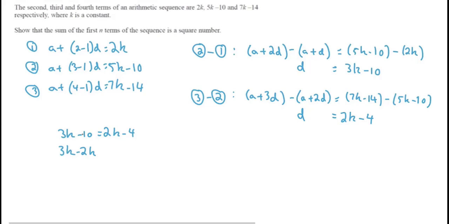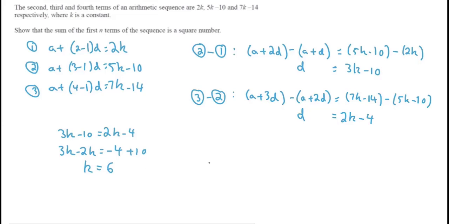It was a positive here, so it's now a negative. And on the right-hand side, the minus 4 stays minus 4 because it hasn't moved. But the 10 is now becoming a positive 10 because it was a minus over here. Again, the sign changes. Simplifying, 3k minus 2k is just a singular k, and minus 4 add 10 gives us 6. So we know that k is 6.